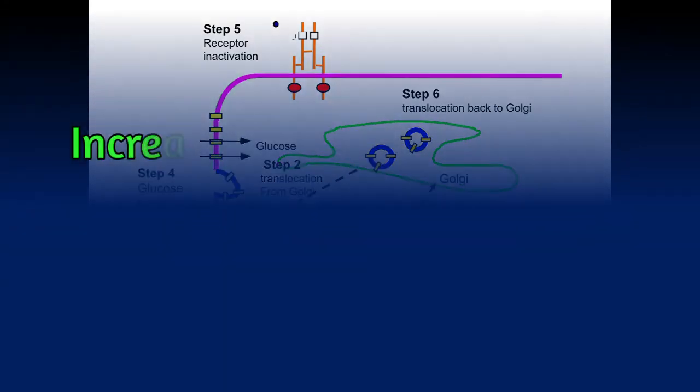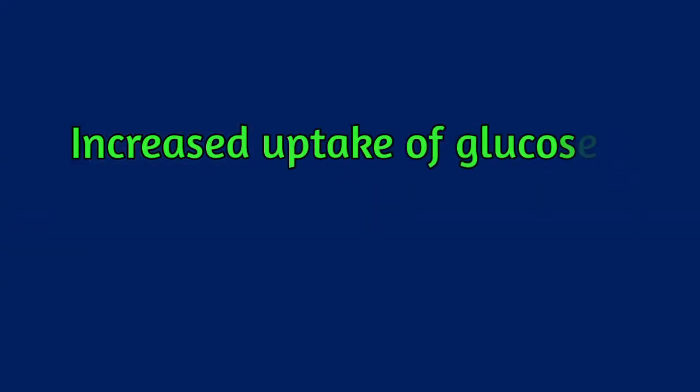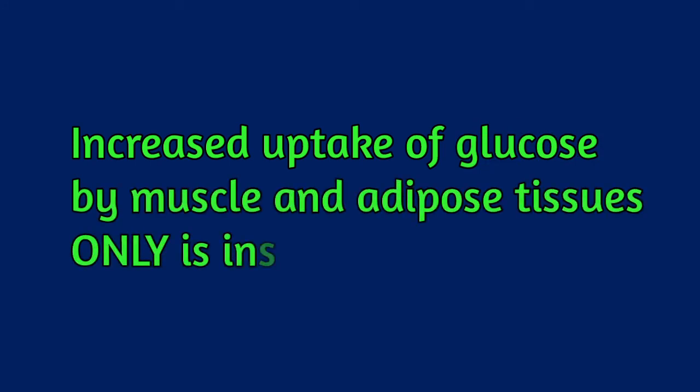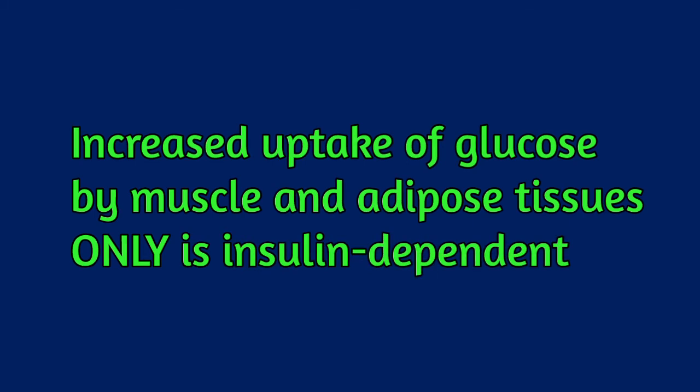So this is just a reminder to tell you that really most tissues in the body, transport of glucose in most tissues in the body is not insulin dependent. Only in skeletal muscle and adipose tissue can glucose transport be increased by insulin.